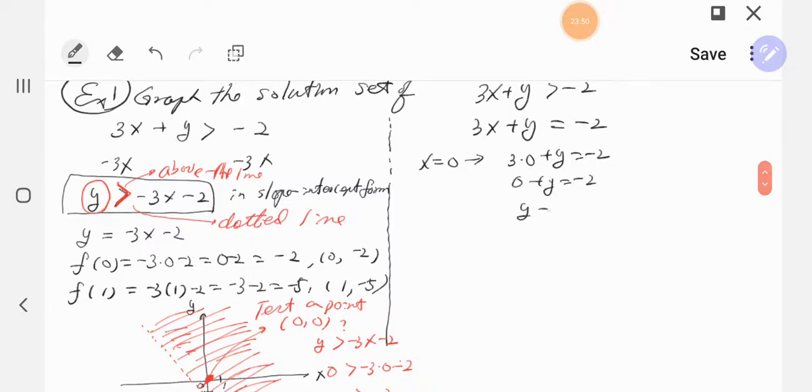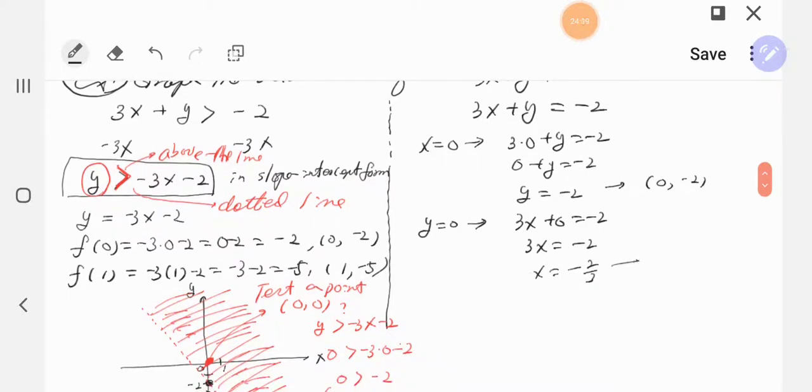So y is negative 2. Okay, let's plug in y equals 0. Then 3x plus 0 equals negative 2. So 3x is equal to negative 2, so x equals negative 2/3. So when x equals negative 2/3, y is 0.